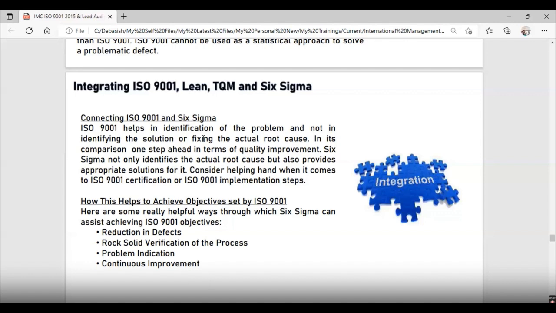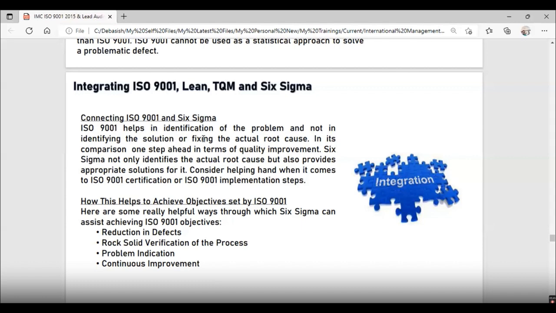Consider it a helping hand when it comes to ISO 9001 certification or ISO 9001 implementation steps. So Six Sigma is very helpful towards this. How does this help to achieve objectives set by ISO 9001?